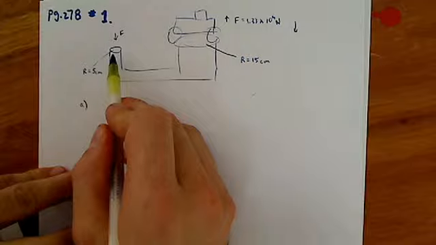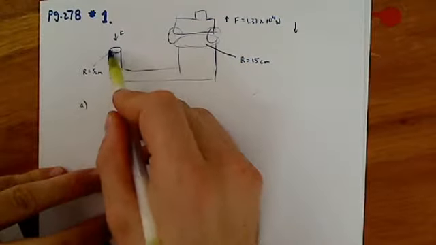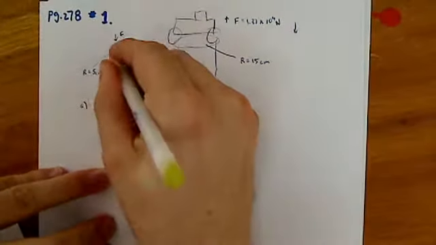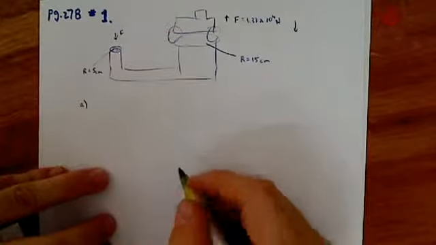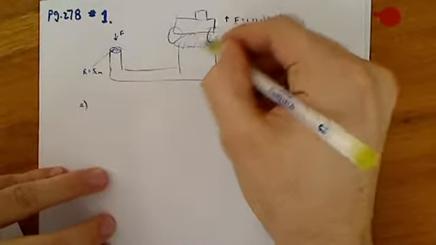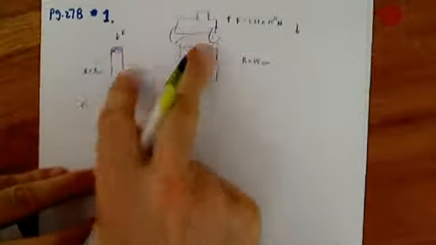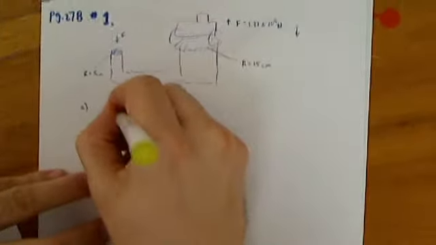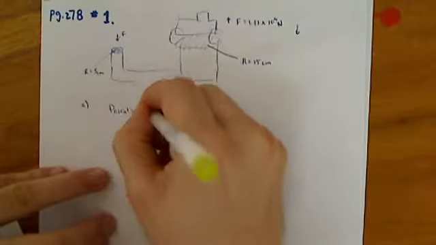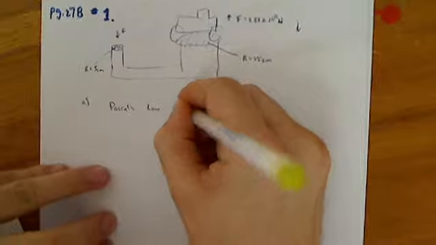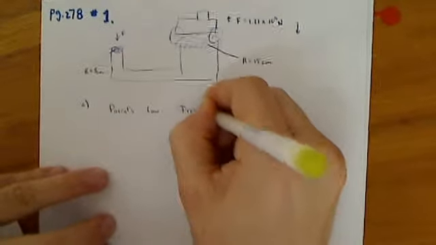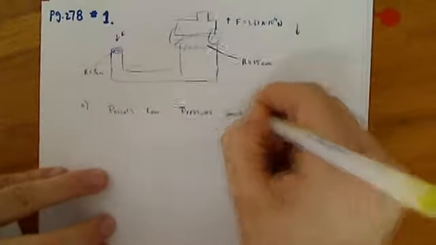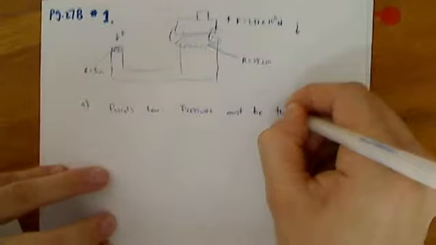Pascal's law says the pressure that I apply to this surface has to be the same as the pressure that's applied to this surface. Those two pressures are the same. That's Pascal's law. Pressures must be the same.